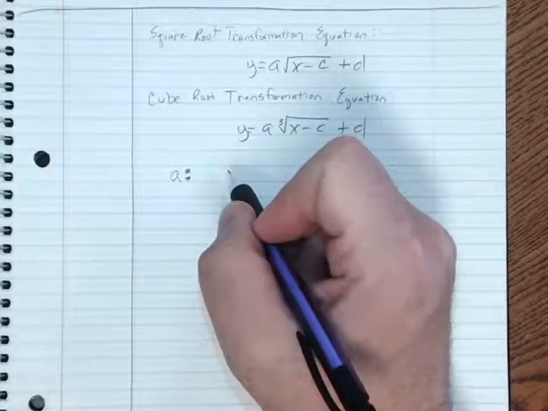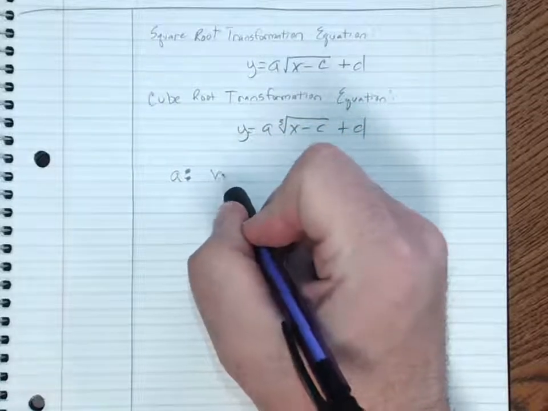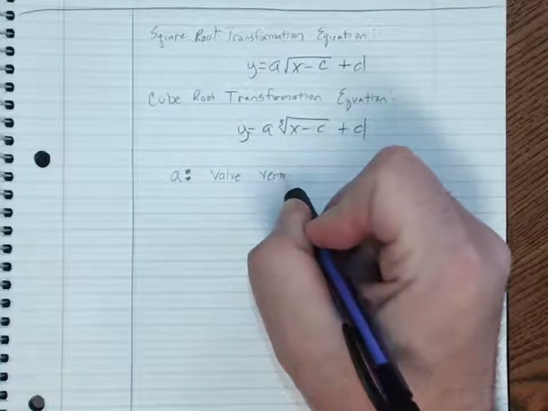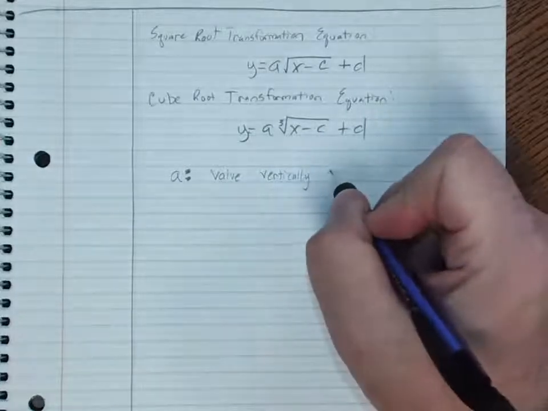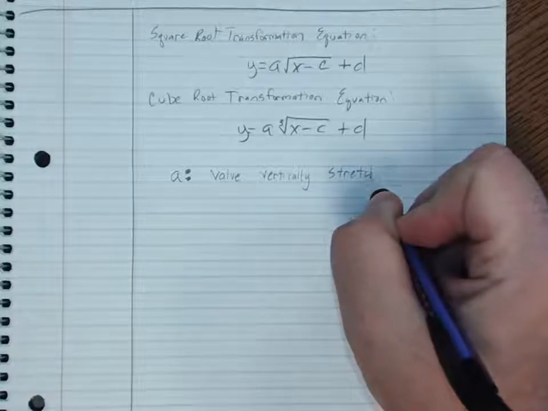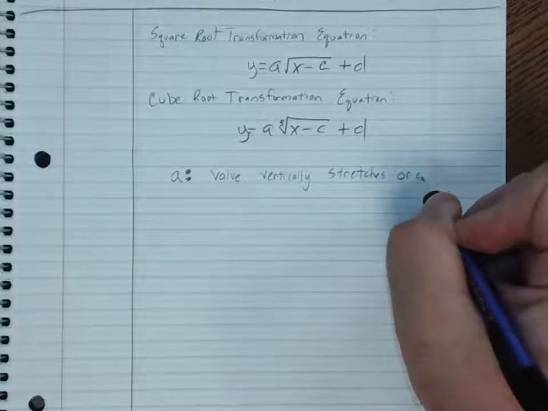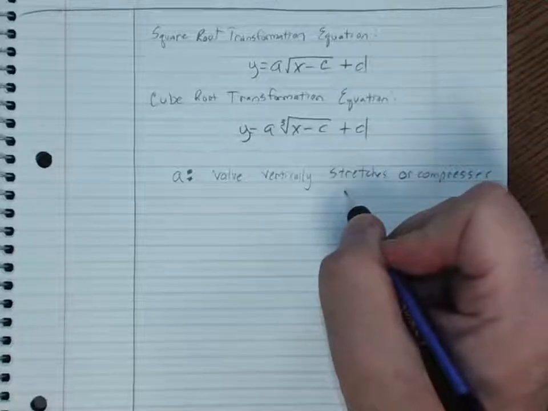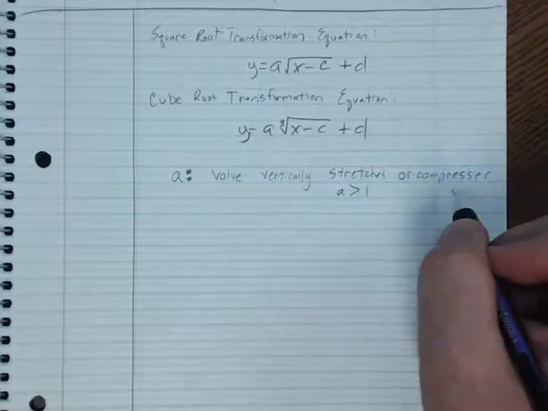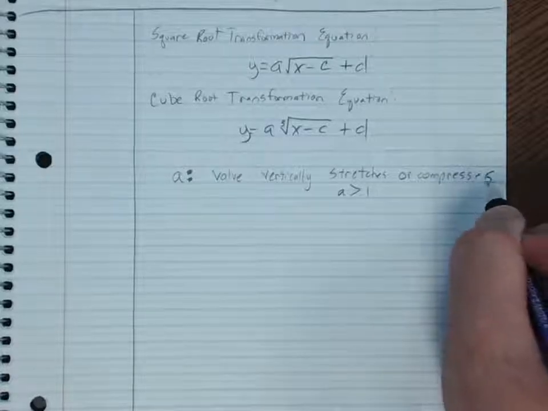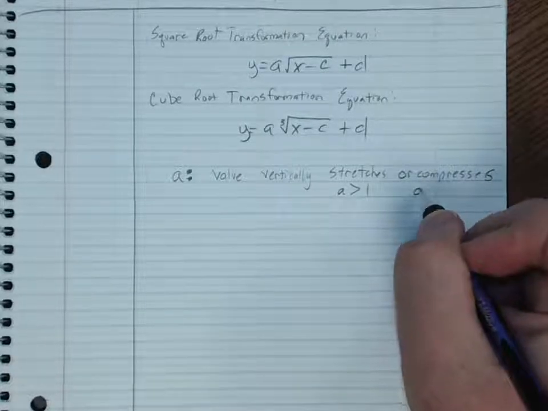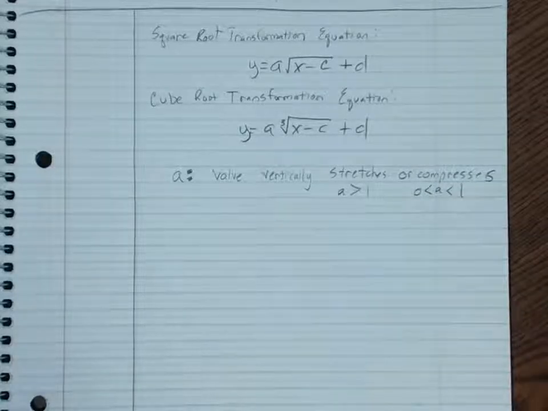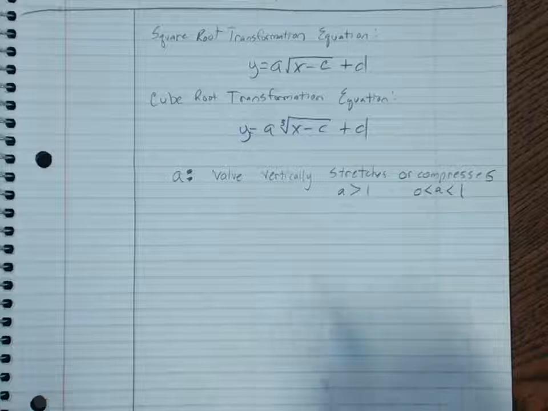So for A, the value vertically stretches or compresses. Stretches if the A value is bigger than 1. Compresses if the A value is between 0 and 1. Ignore the sign. The sign is something else.